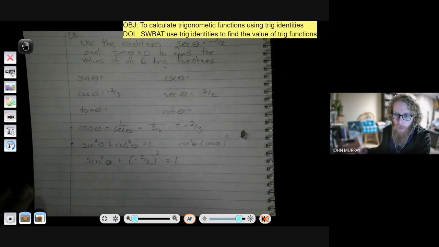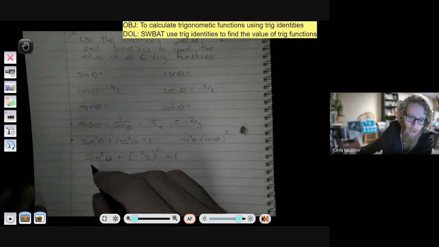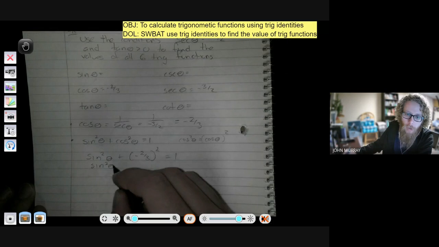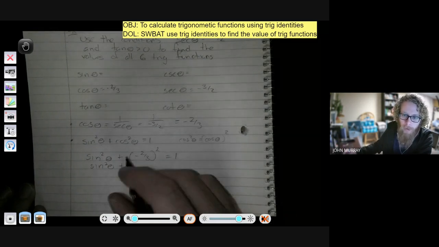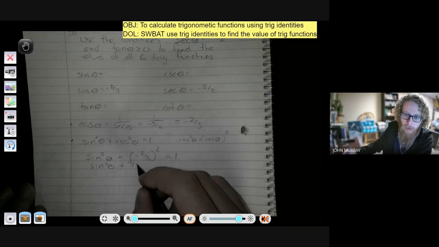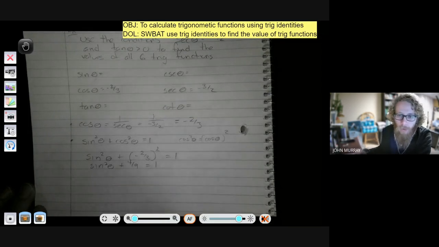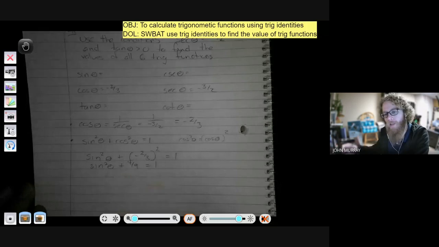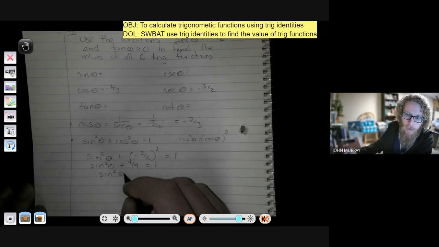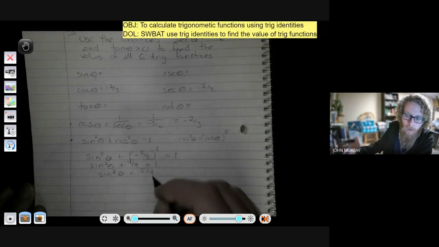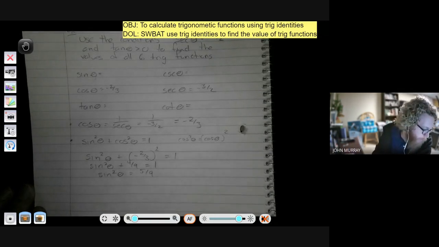And now I can do a normal algebraic approach and solve. I have sine squared, it's going to stay plus because we square this. It stays positive. It becomes positive 4/9 equals 1. I subtract 4/9 on both sides. That gives me sine squared equals 5/9.